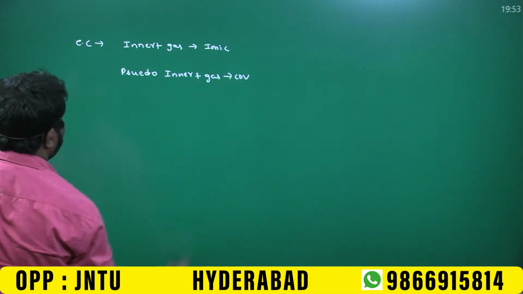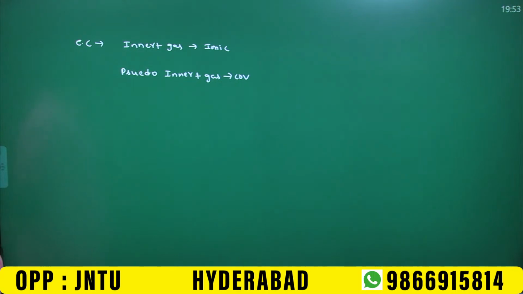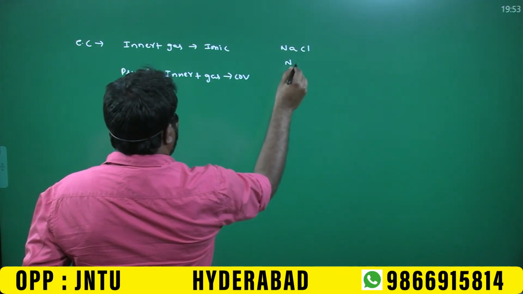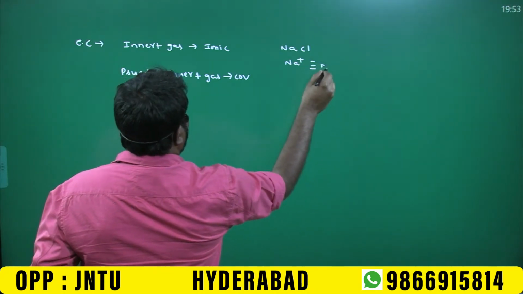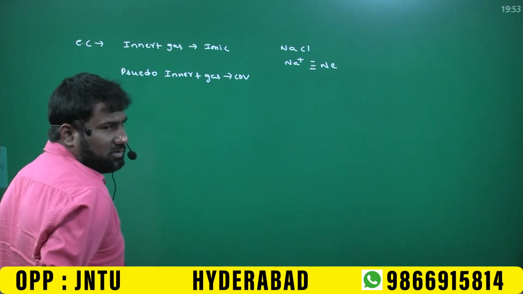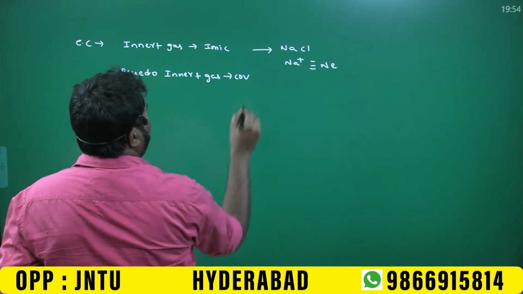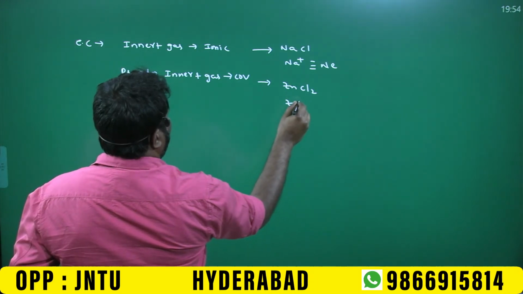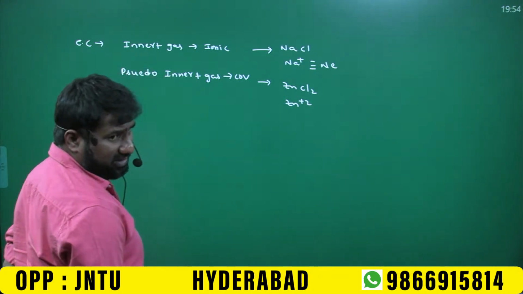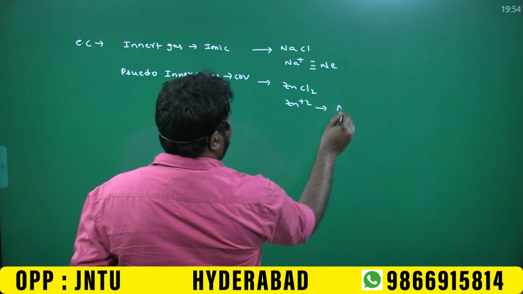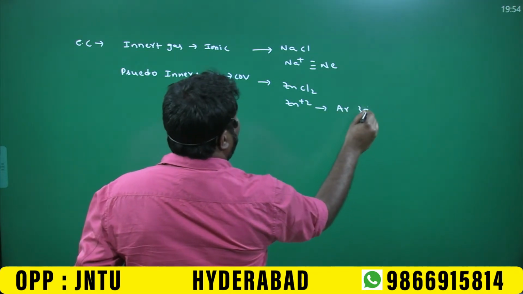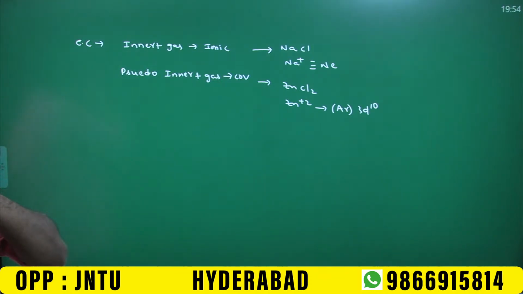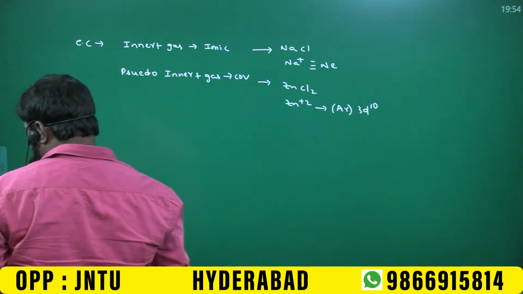Take NaCl: it contains Na plus, which is similar to the neon electronic configuration, so it is ionic. While in ZnCl2, zinc chloride, we have Zn plus 2, which does not have inert gas configuration. It has the configuration argon 3d10.